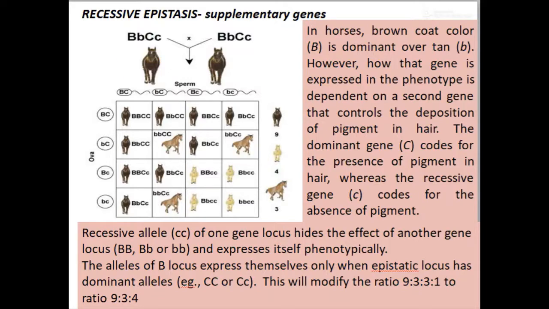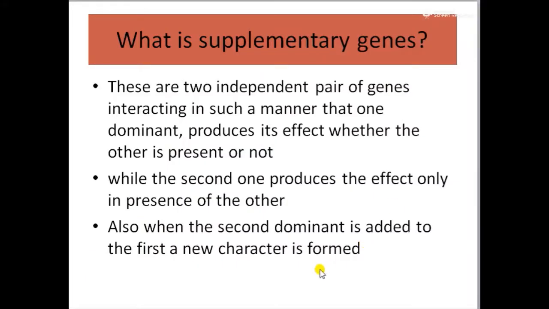There are two independent genes interacting so that a dominant trait is expressed. When either of them does not have a dominant allele, the dark brown color is not found in the horses we consider here. So you came across recessive epistasis as well as supplementary genes.